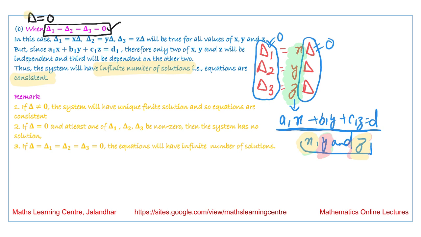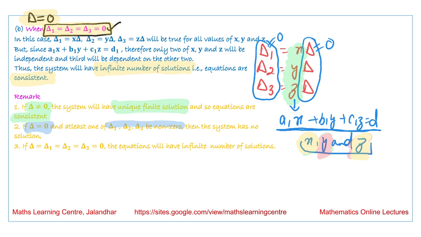So for infinite solutions, we are saying delta is equal to 0 and delta 1 is equal to delta 2 is equal to delta 3 is equal to 0. These results are summarized over here. If delta is not equal to 0, the system has a unique finite solution and is said to be consistent. If delta is equal to 0, we have two cases.